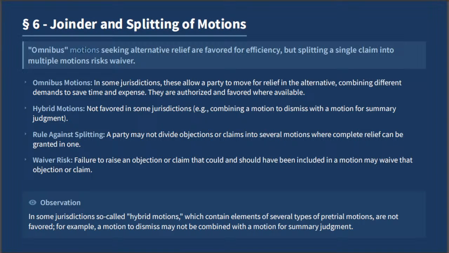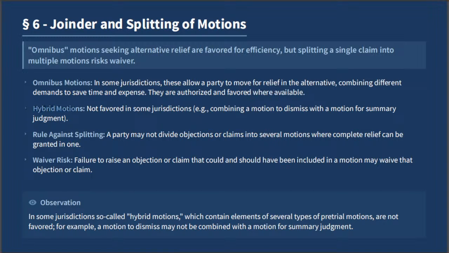Omnibus motions seeking alternative relief are favored for efficiency, but splitting a single claim into multiple motions risks waiver. So omnibus motions, in some jurisdictions, allow a party to move for relief in the alternative, combining different demands to save time and expense. They are authorized and favored where available.